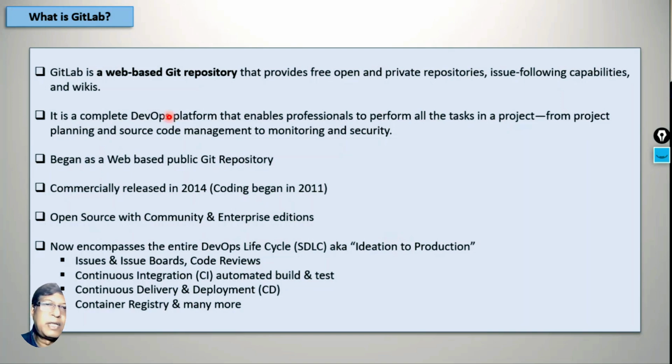GitLab is a web-based Git repository that provides free and open private repositories, issue following capabilities and wikis. It's sort of a GitHub. It's a version controlling tool as well, like GitHub. There is a tool called Jira, which is a project management tool.